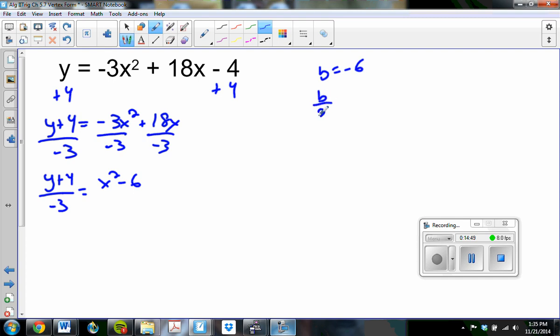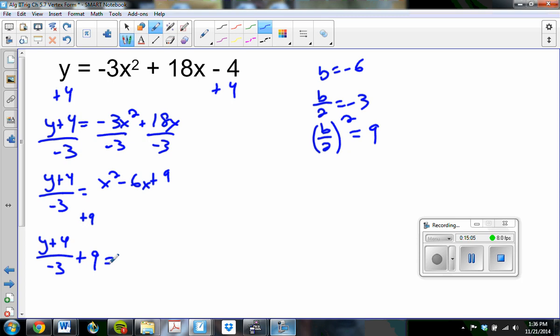So b over 2 is negative 3. So b over 2 squared is 9. I'm going to add a 9 here, and add a 9 over here. This becomes (y plus 4) over negative 3 plus 9 equals, and this can factor into (x minus 3) squared.